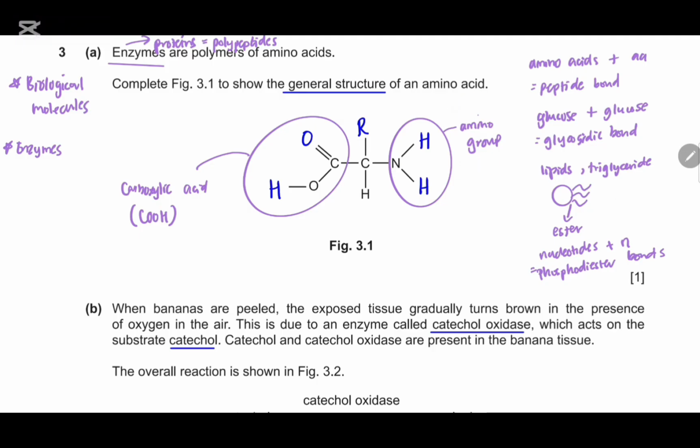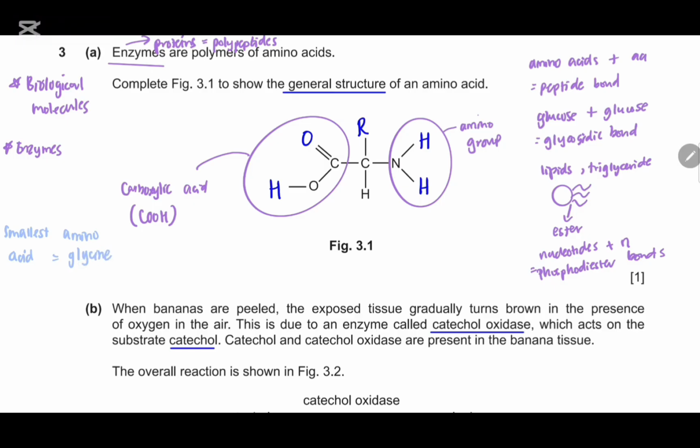Although it's not necessary to memorize the structures of any particular amino acid, it would be useful to remember at least the smallest amino acid structure, which is glycine. Let me correct that spelling.